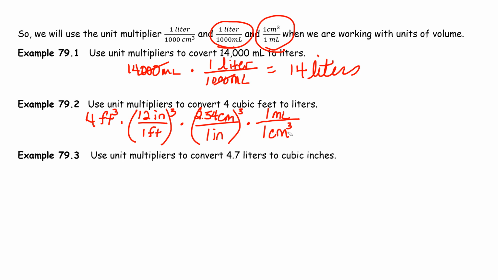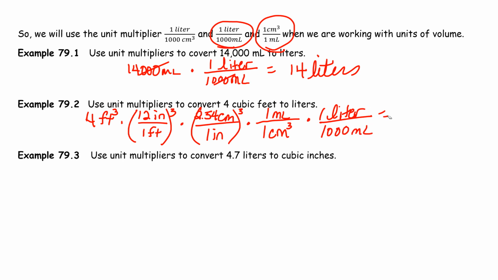So don't cube this. It's already cubed, cubic centimeters, because milliliters doesn't have a cube on its unit because it already means a unit of volume. So do not cube this. Now I'm at milliliters. I want to get to liters, and I know there are 1,000 milliliters in a liter, so 1 liter in 1,000 milliliters.